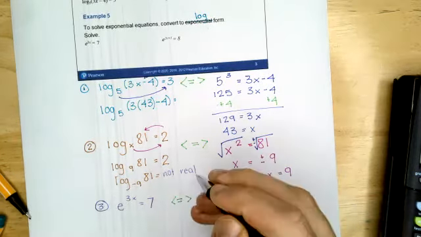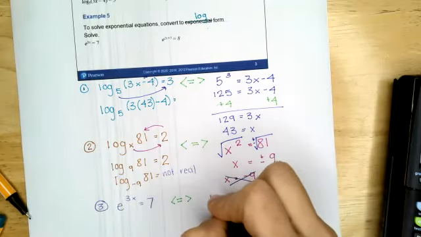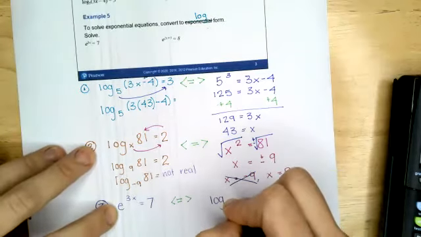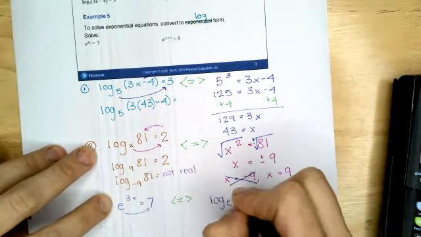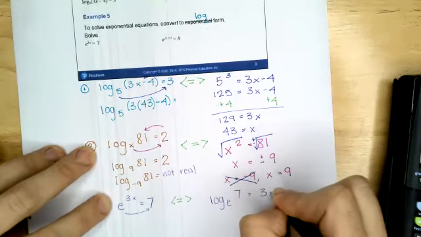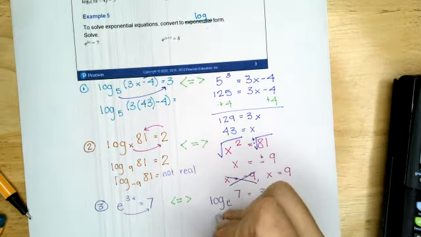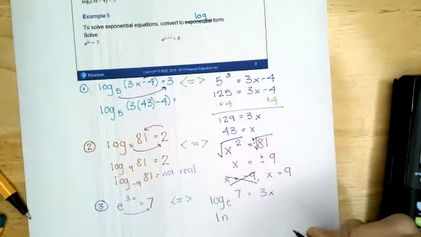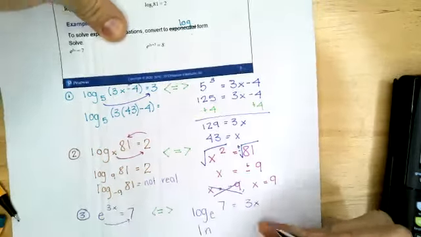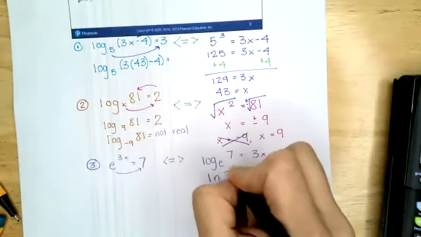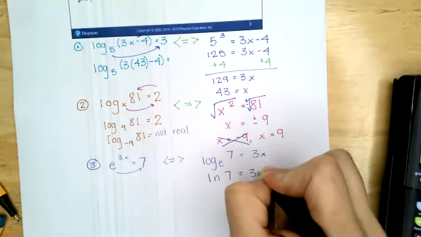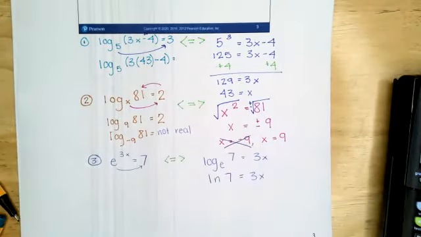My base is e, so I'm going to write log base e of 7 equals 3x. Good. Remember, log base e is the same as natural log. So in my calculator, it's written as ln. So I'm going to call this the natural log of 7 should equal 3x. Okay.